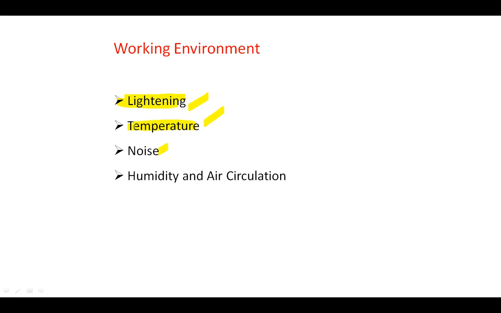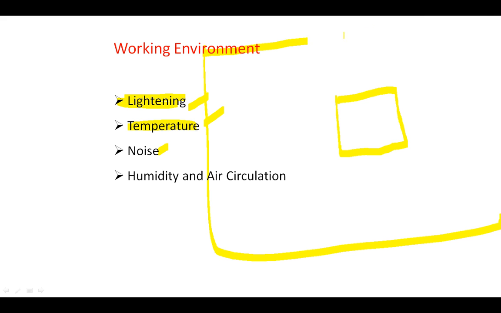Temperature, again I want to tell you one point regarding the lighting. Lighting should be designed in such a way that if I am working on this table, suppose this is a table I am working on and this is a room, then the light on the table should be somewhat higher. Intensity of light should be somewhat higher.